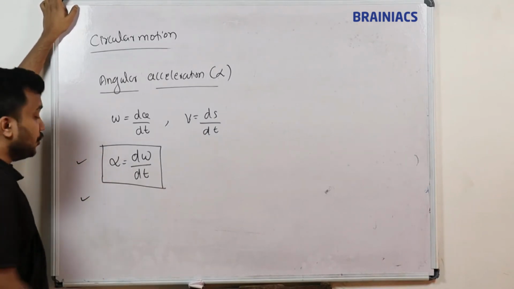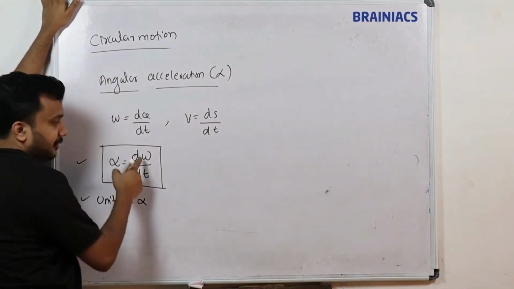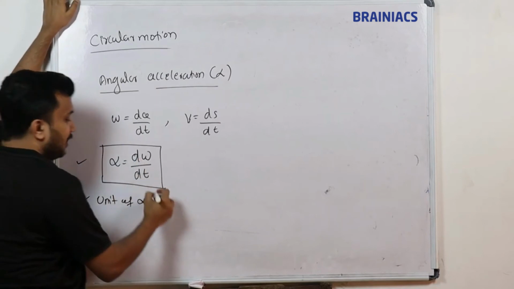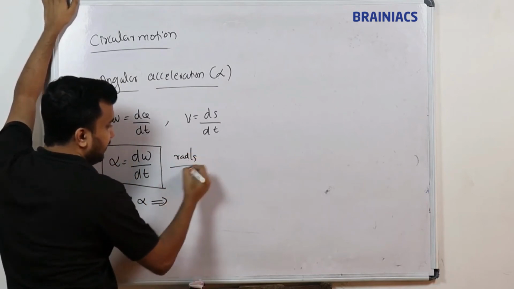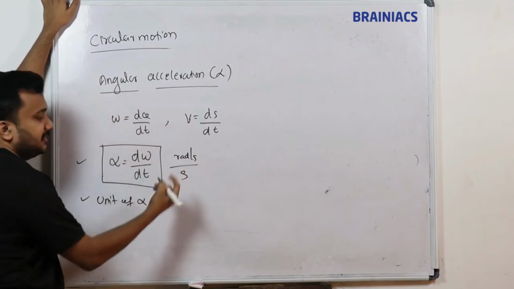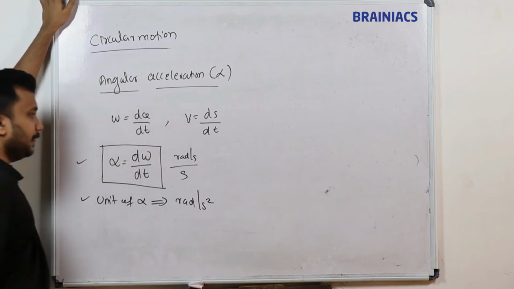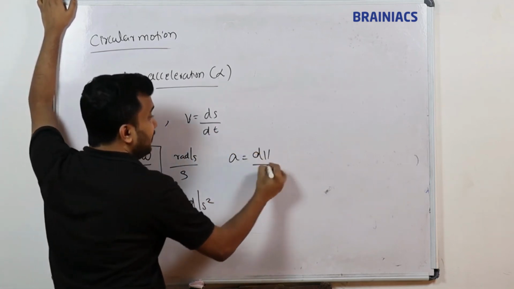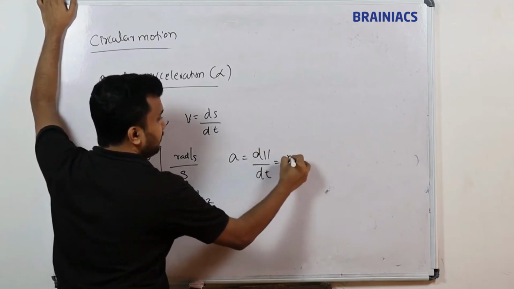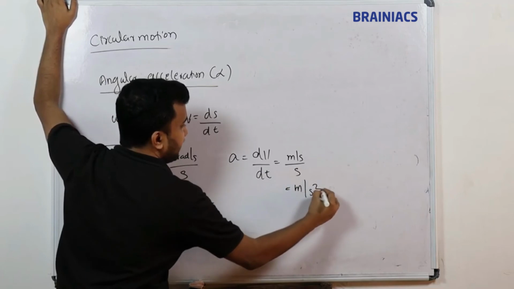What is the unit of alpha? The unit of omega is radian per second, divided by time again in seconds. So in total it is radian per second square. In linear motion, acceleration is dv by dt, with velocity in meter per second and time in second, so the unit is meter per second square.